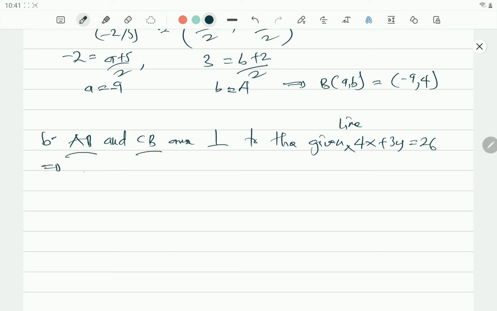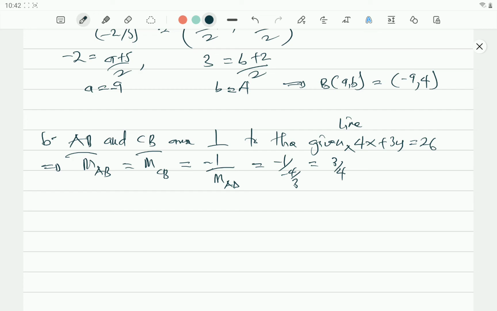This implies that the gradient of AB is going to be equal to the gradient of CD, which is going to be negative 1 over the gradient of the given line. Remember, the given line is actually AD, right? And that is going to be minus 1 over minus 4 over 3, and that is going to be 3 over 4. So we take them one after the other to find their equation, right?